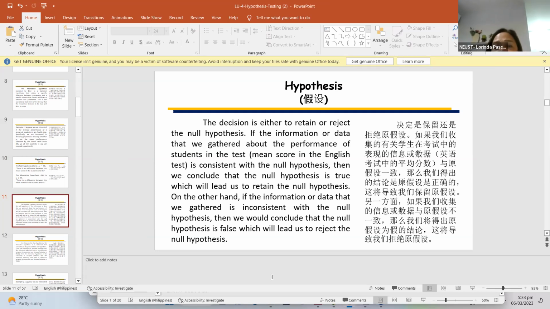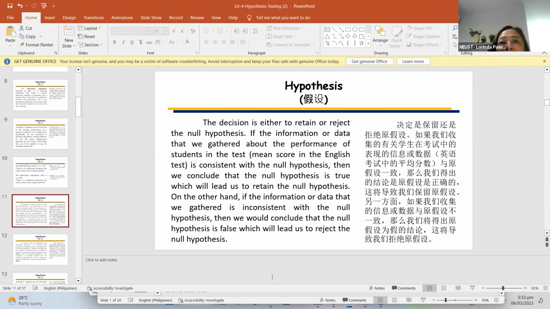Now, there are statistical criteria to retain or reject the null hypothesis. For example, if your problem is about establishing if there is a correlation between the English test performance and mathematical test performance of students, or are they correlated? Yun yung tanong mo. So the answer, the tentative explanation, is there is no correlation.